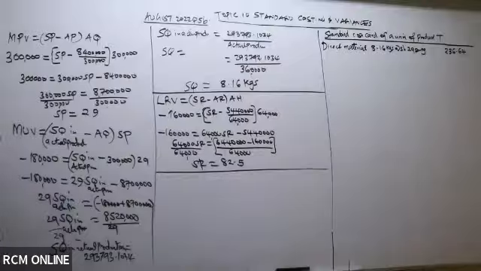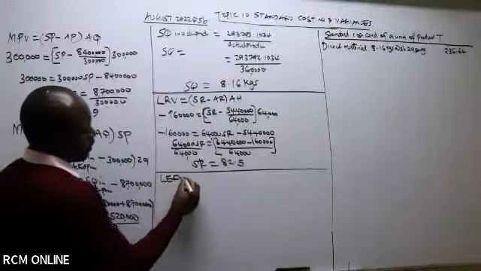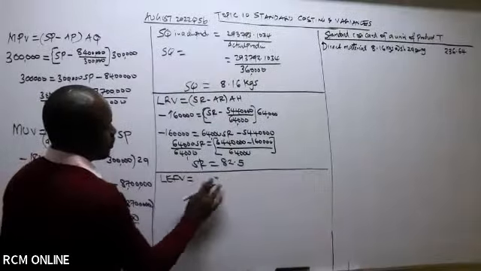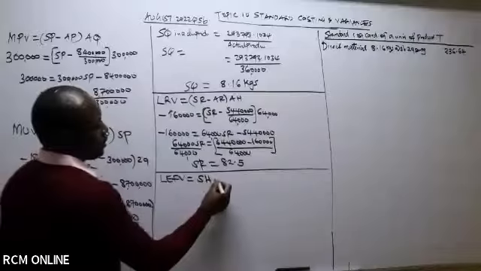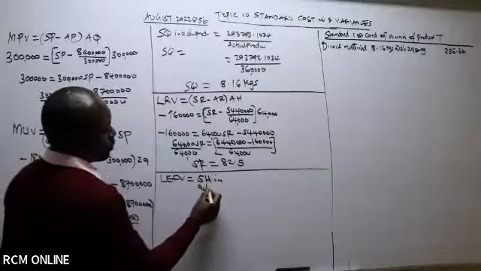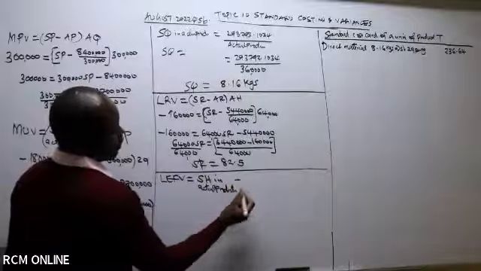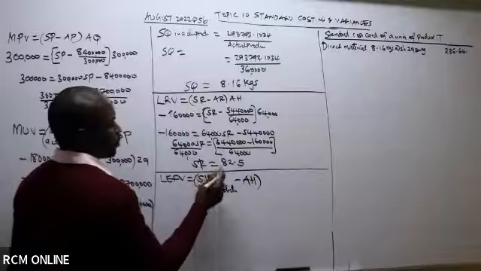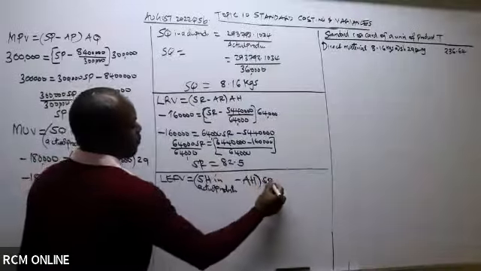Let's move down and look at the labor efficiency variance, which will give us the labor hours utilized against the standard labor hours. Labor efficiency variance is equal to standard hours in actual production minus actual hours, then we multiply by standard rate. How effectively are you utilizing your labor?